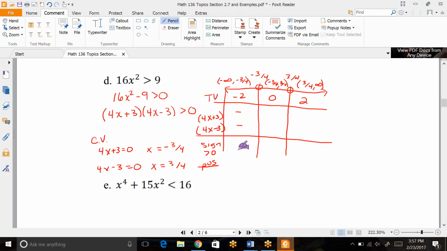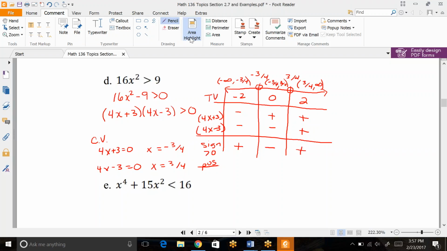A negative times a negative makes a positive. 0 times 4 is 0, plus 3 is positive 3. 0 times 4 is 0, minus 3 is negative 3. 2 times 4 is 8. 8 plus 3 is positive 11. 2 times 4 is 8, minus 3 would be positive 5. Positive times negative is negative. Positive times positive is positive.